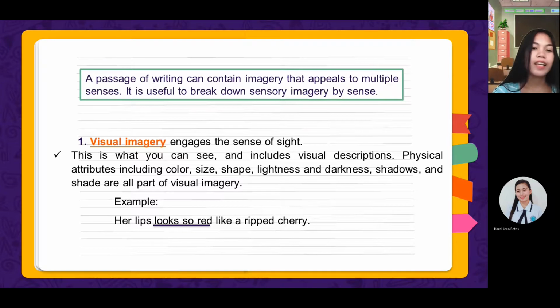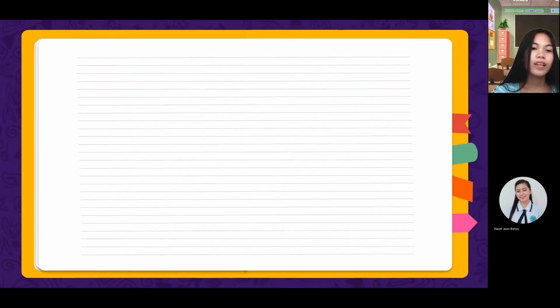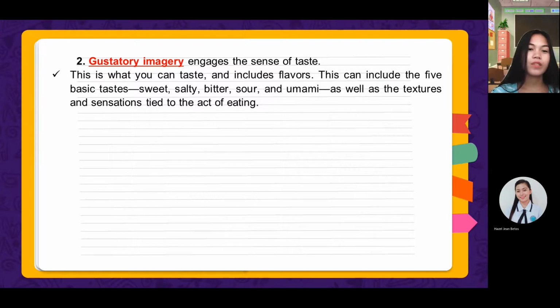The second sensory imagery is the gustatory imagery. It engages the sense of taste. This is what you can taste and includes flavors. This can include the five basic tastes, sweet, salty, bitter, sour, and umami, as well as the textures and sensations tied to the act of eating.